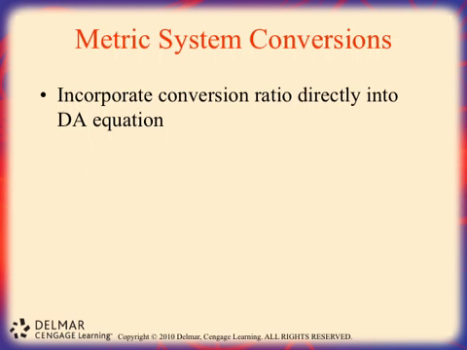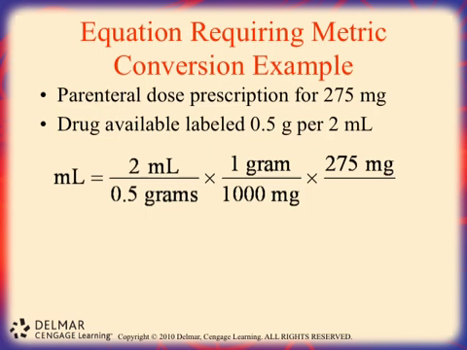Okay, here is where we will include in the equation a conversion ratio right into the DA equation. So if you're having to convert milligrams to micrograms or micrograms to milligrams, that can be incorporated into this DA equation. It's just another ratio entered in, and we'll see that. You still do it the same way.